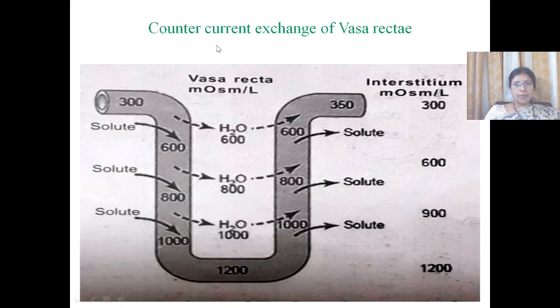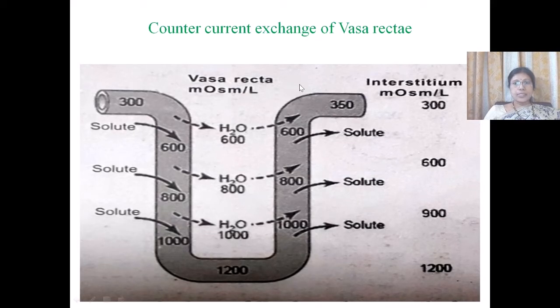Now let us see about counter current exchange of vasa rectae. Vasa rectae is a capillary network present around loop of Henle. This network is formed by the branching of efferent arteriole that comes out from Bowman's capsule.